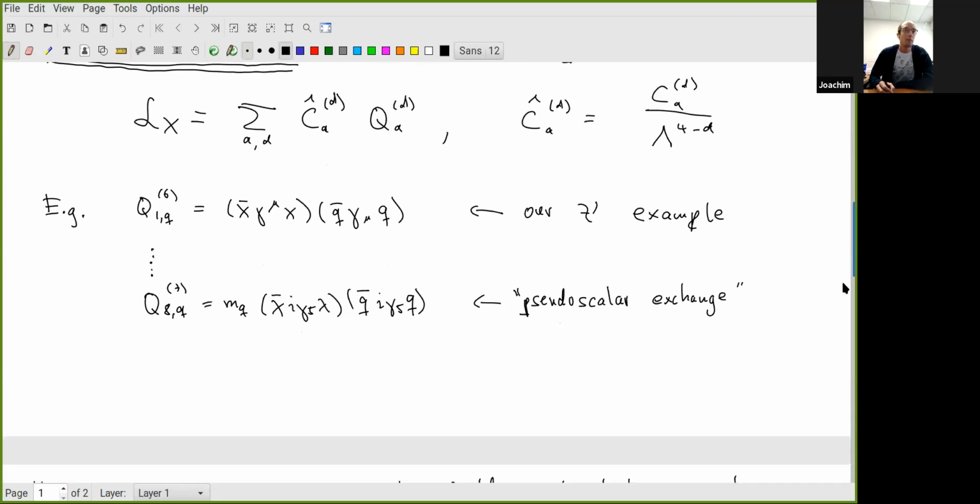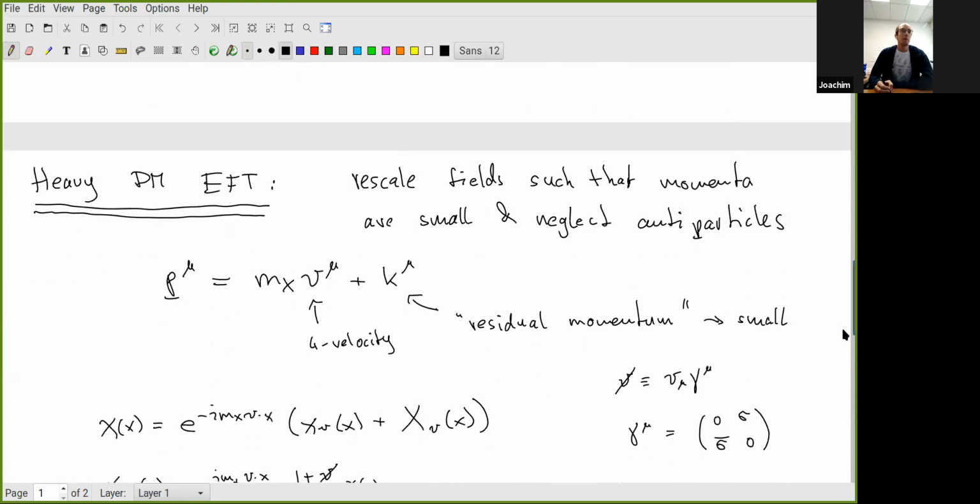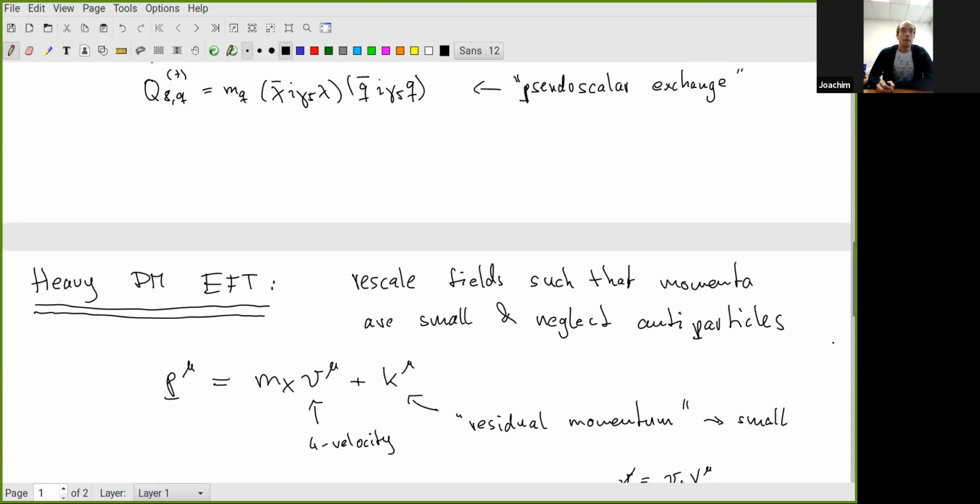So that was kind of step 1 of the approximations. Then the next step is the non-relativistic limit, and we started discussing this for the dark matter. So we said that the momentum transfer is small, but if we think in terms of relativistic fields, then the 4 momentum always has the energy component in it, and the energy component is completely dominated by the mass of the dark matter.